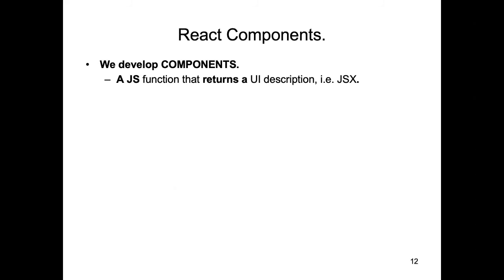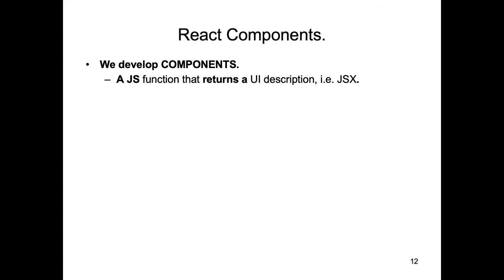So back to components though. Where does this fit in terms of components? It turns out that a React component is simply a JavaScript function. Back to our functions. We tend to code them using the arrow syntax, but it doesn't have to be. You can use function declarations or function expressions, it doesn't really matter.